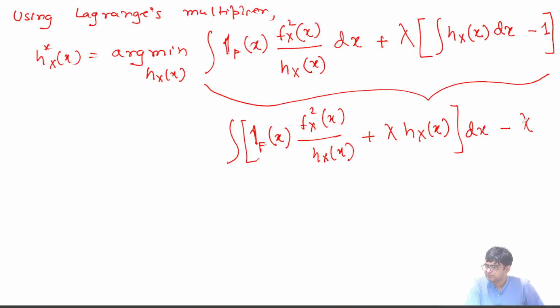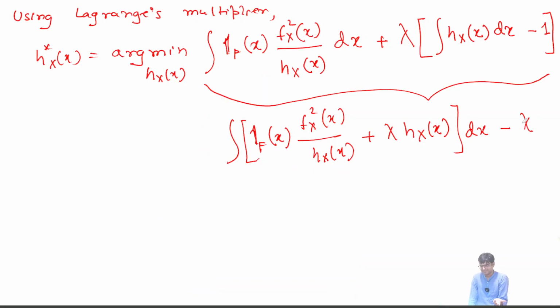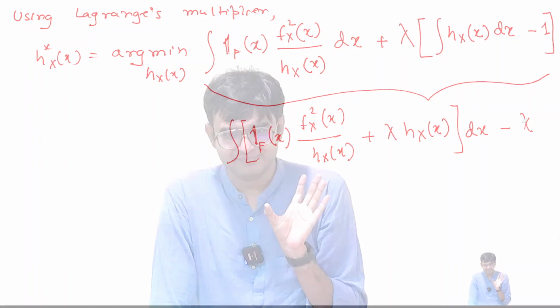Now again, previously I said that because it was a summation of variances, I will only work with one variance, right? Integration is nothing but summation, which means I am only going to work with the term inside the integration, and I will try to minimize that.